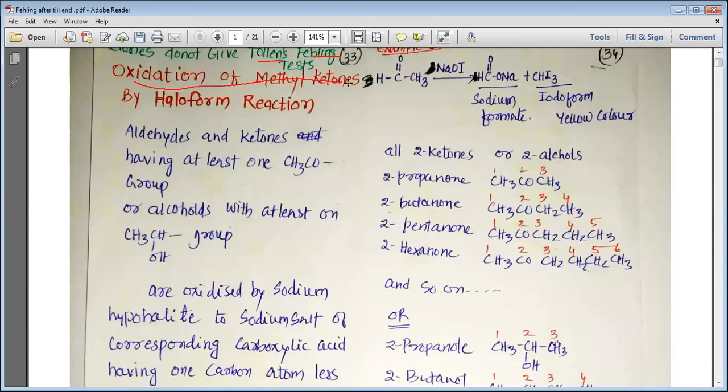Now, my dear students, we need to study the oxidation of methyl ketones, which is known as the haloform reaction.